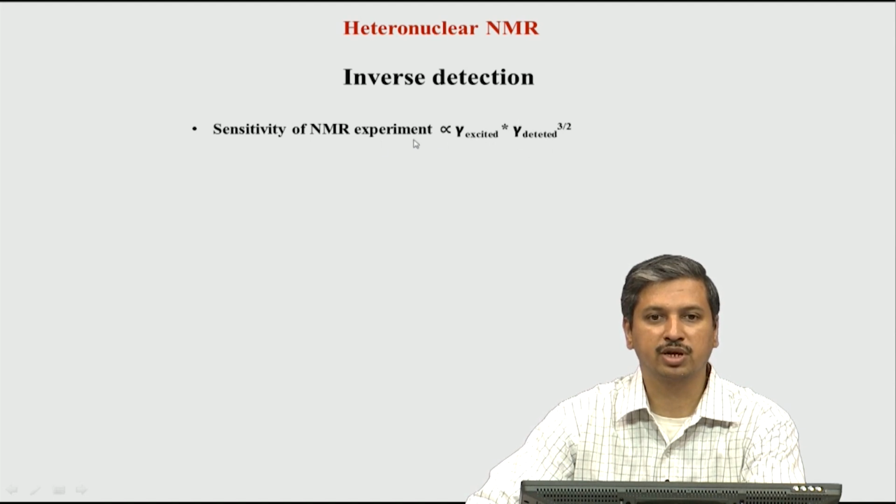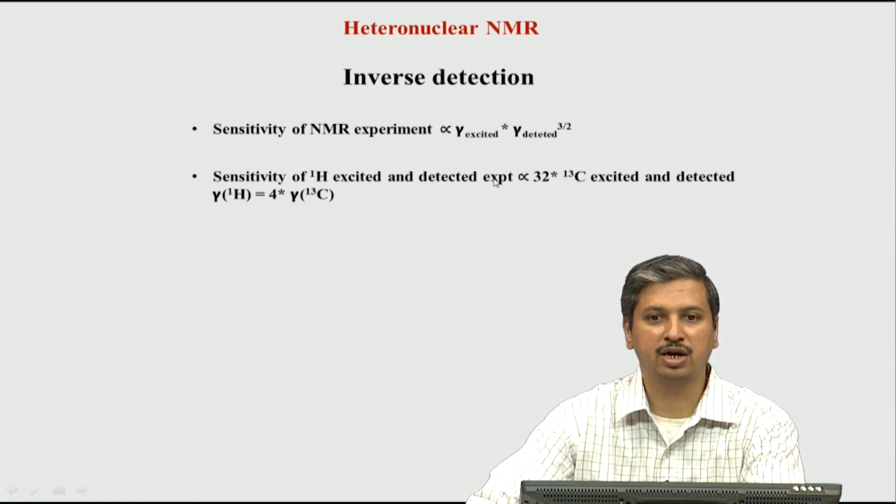So, obviously now you can see that if I want to maximize my sensitivity, I should use hydrogen as the excited nucleus and also detect hydrogen, not carbon. That would give me the maximum sensitivity possible. So, let us see for carbon how bad the sensitivity is if you detect carbon. If I use proton as excitation but detect carbon, there is a factor of 4 less.